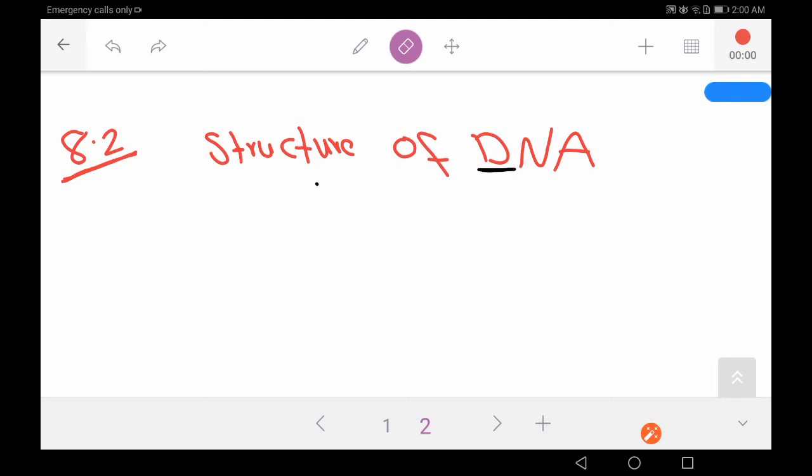Okay, and he found that always adenine pairs with thymine, and guanine always pairs with cytosine. Okay, as you see, I am drawing two bonds between adenine and thymine, but we have three bonds between guanine and cytosine, and we call this Chargaff's rule.